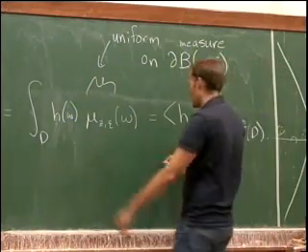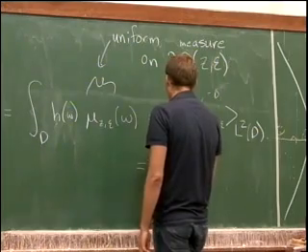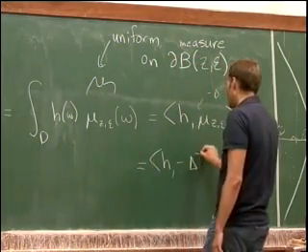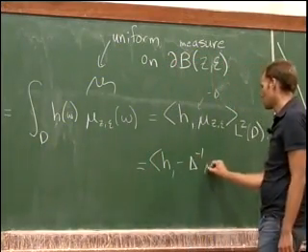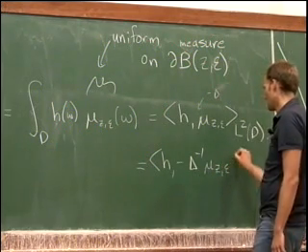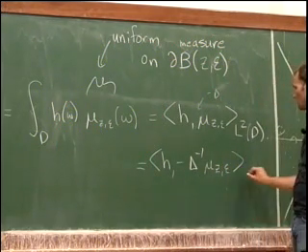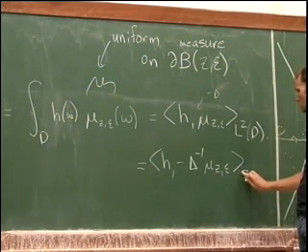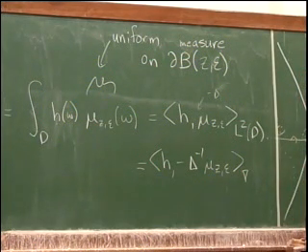So to get back to the gradient thing, you basically put Laplacian inverse on the other side, right? And that's the gradient inner product. Okay? Just a straightforward application of integration by parts, right?